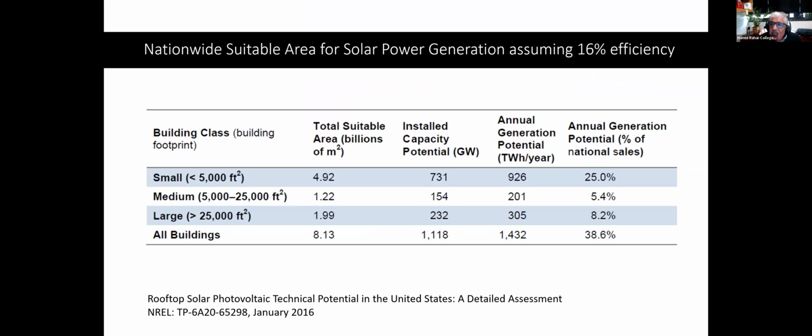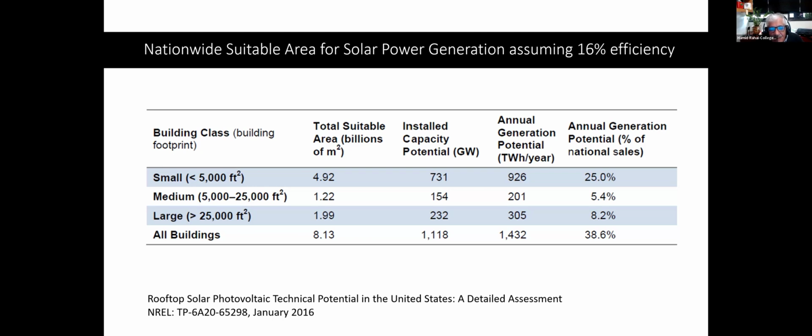But what is our potential? We have enough space, roofs, to generate electricity. If you look at the building's footprint, if they are smaller than 5,000 square feet, their annual generation potential is 25%.